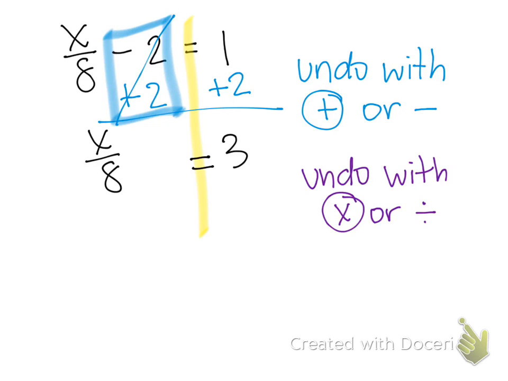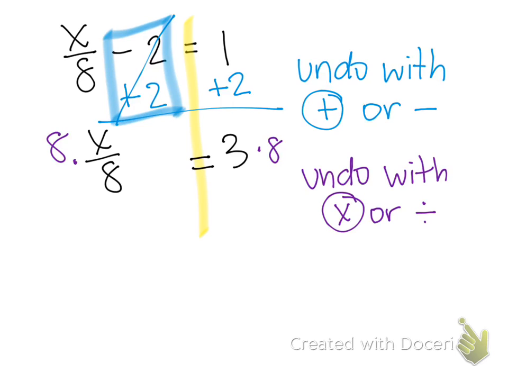My next step is multiplication. So I am trying to get x by itself. And if I'm trying to get x by itself, I need to get rid of the 8 that's here at the bottom. So I'm going to multiply by 8 on both sides.